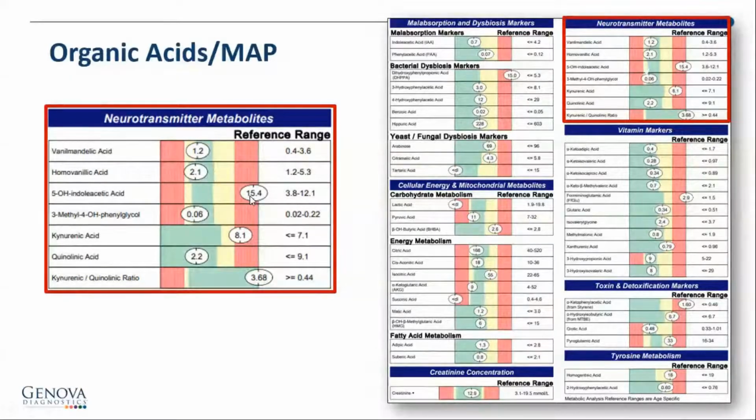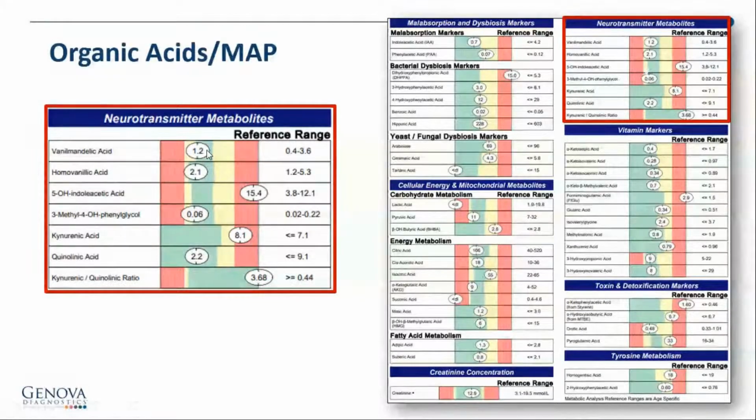And then dopamine makes homovanillic acid. But dopamine also goes down the pathway to make norepinephrine, epinephrine, adrenaline, and then finally vanillylmandelic acid and 3-methoxy-4-hydroxyphenylglycol. So I'm looking for balance here. And by the way, bear in mind, the width of the yellow is the reference range.